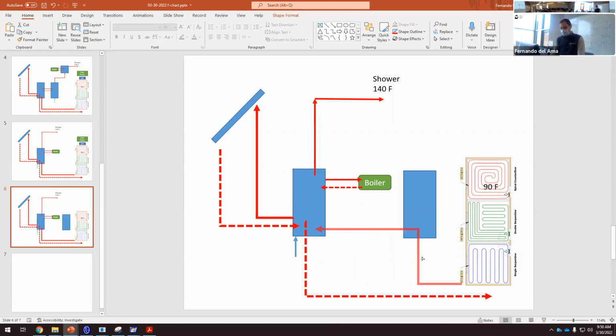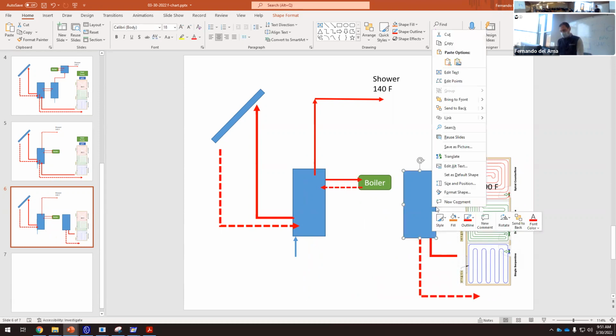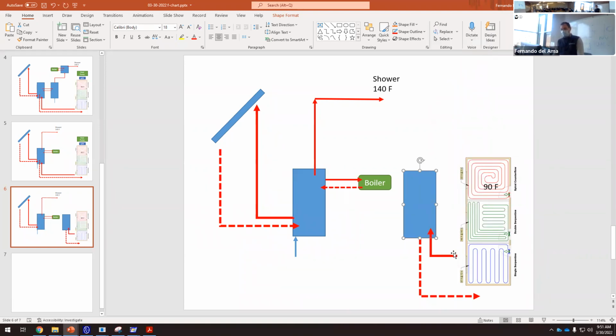I connect the radiant floor here with a different tank.